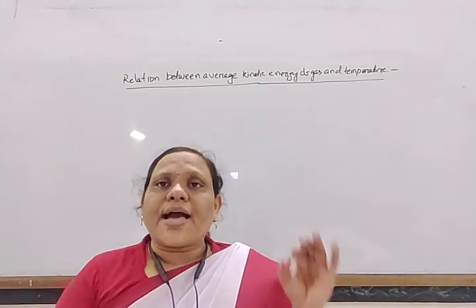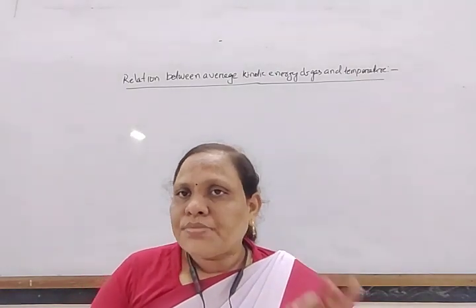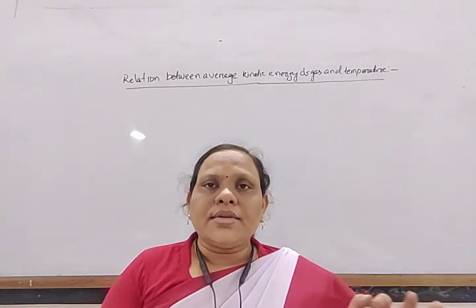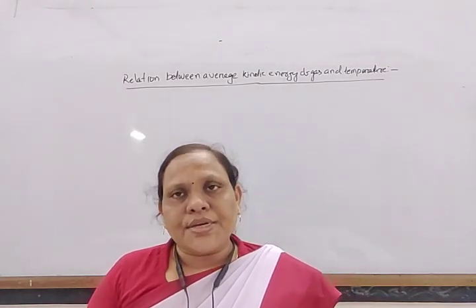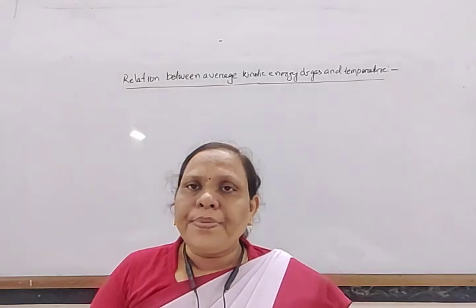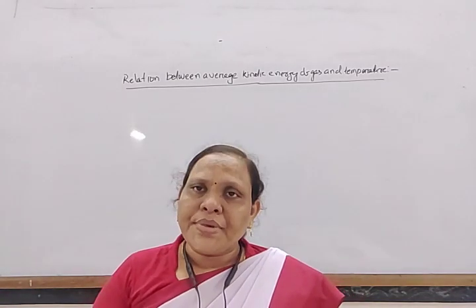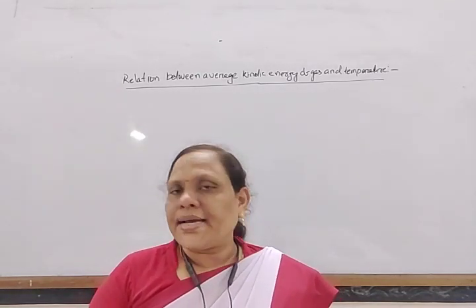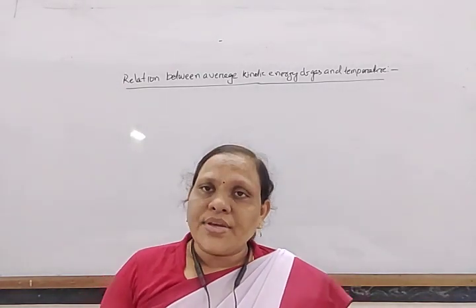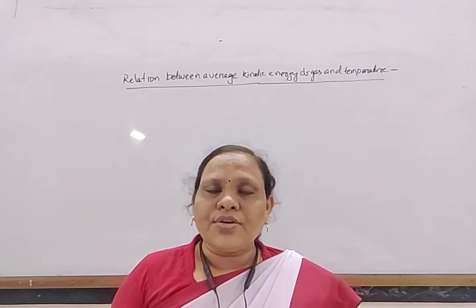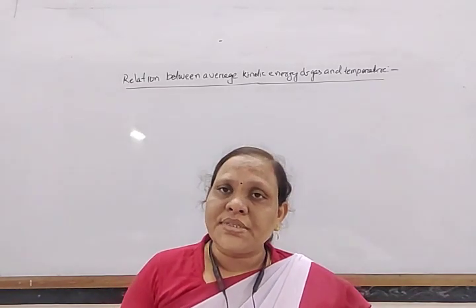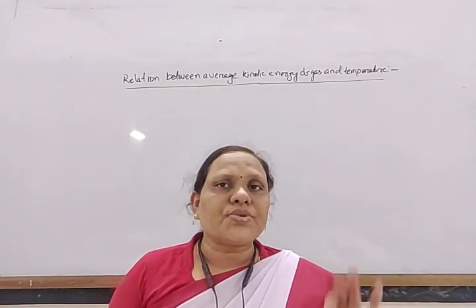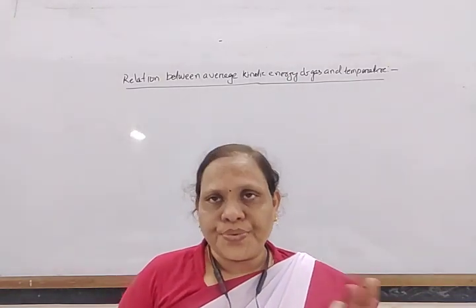The average kinetic energy of a gas molecule is given by the relation: kinetic energy is equal to half mv square, where m is the mass of the gas particle and v is the velocity. Instead of v, the velocity is represented by the RMS velocity, that is root mean square velocity, or u.